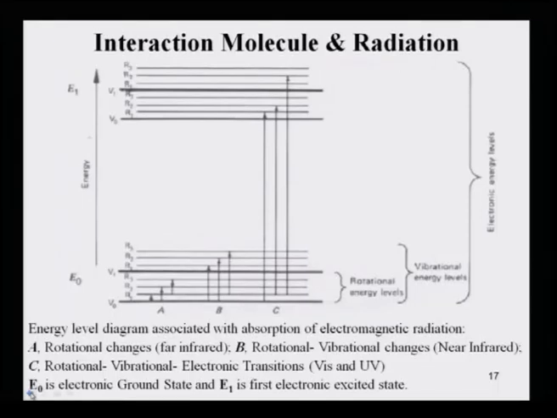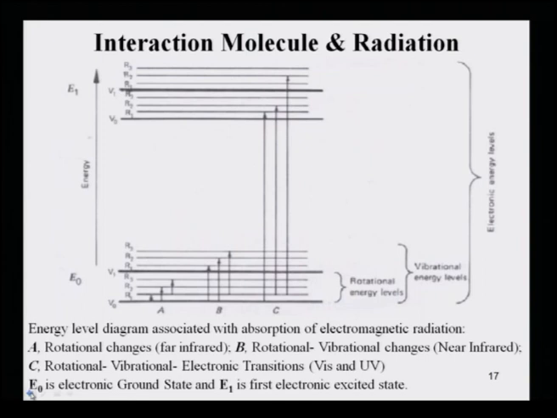In the energy level diagram associated with absorption of electromagnetic radiation, the rotational changes are shown by the far infrared region, the rotational and vibrational changes are shown by the near infrared region, and the rotational, vibrational and electronic transitions are given by the visible and UV regions. The transition from the electronic ground state to the electronic first excited state is depicted by E0 and E1.